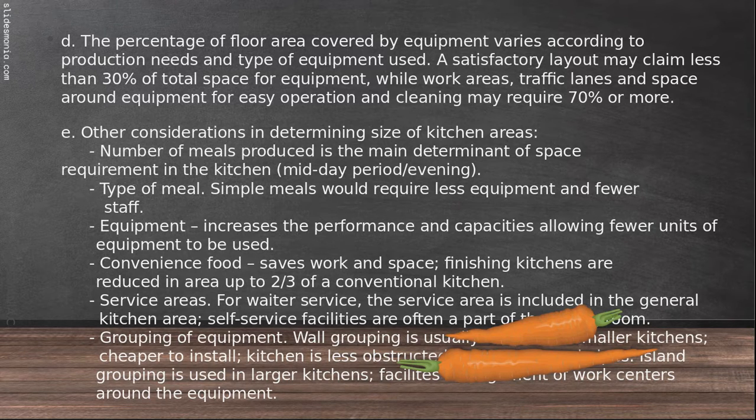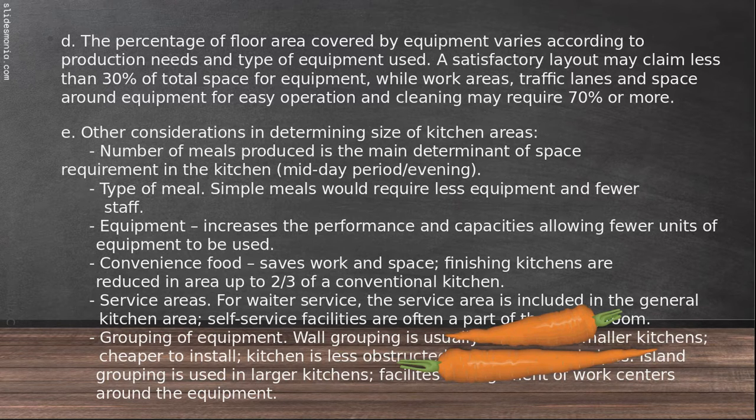Okay, so other considerations in determining size of kitchen areas. Okay, the number of meals produced. So, ito yung kasi this is the main determinant of space requirement in the kitchen. Okay, the midday period or evening. So, type of meal. Simple meals would require less equipment and fewer staff.